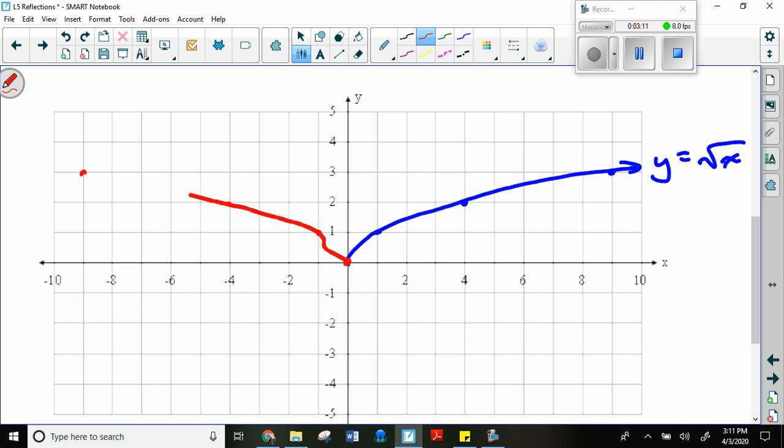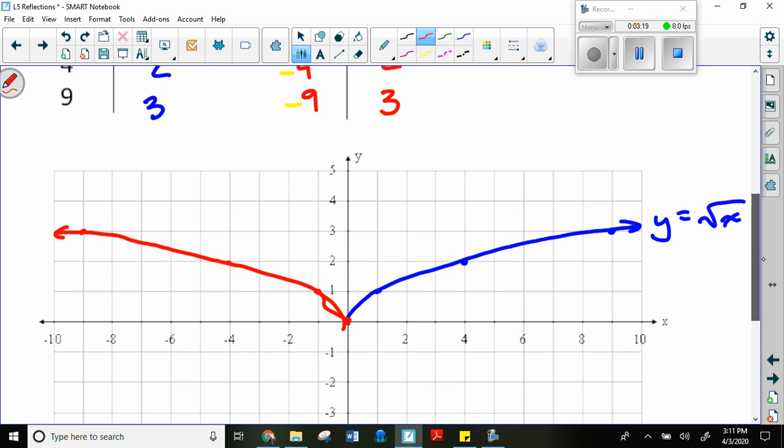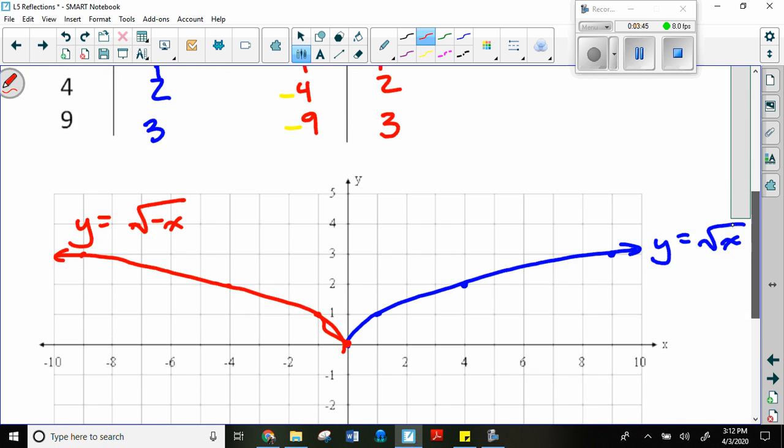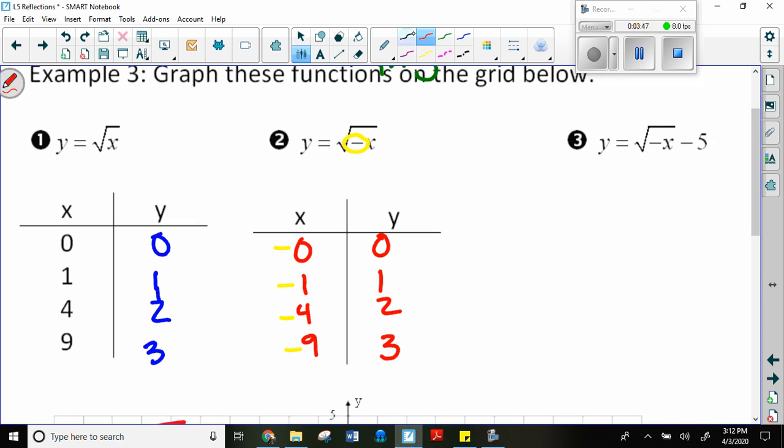So we've got a function that has a negative under a square root. That doesn't exist, but we don't have to worry about that right now. You just have to know that if the negative's inside affecting the x, it is a horizontal reflection through the y-axis.